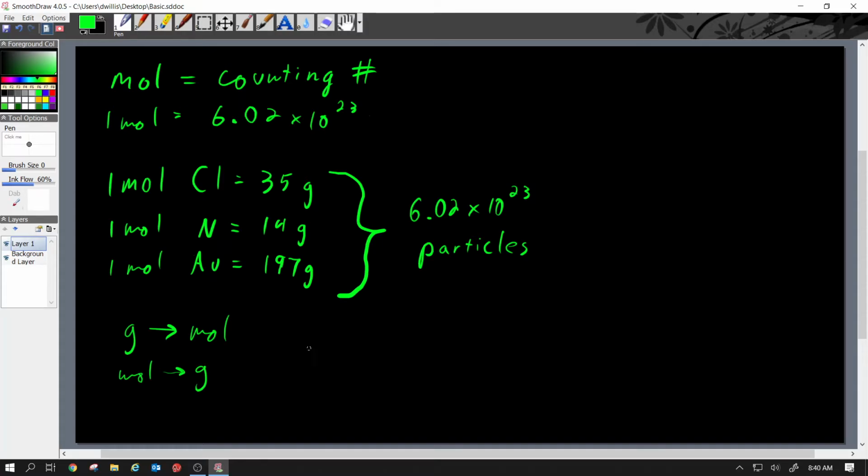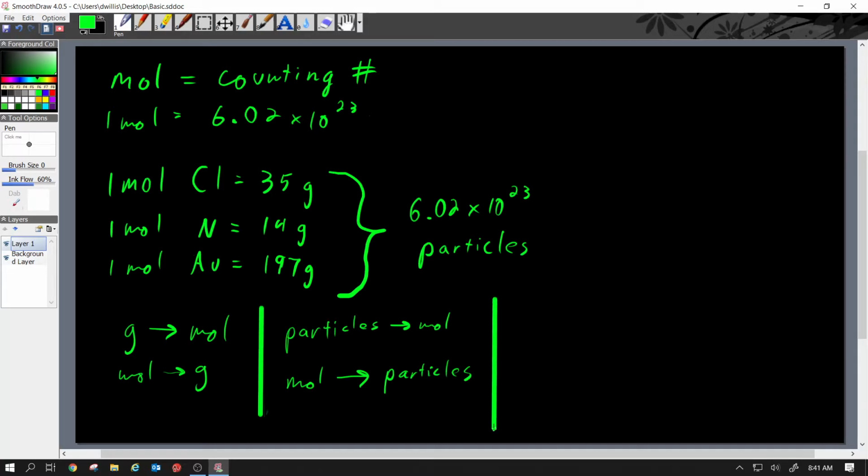And then we also looked at, hey, if you have this many particles, you can tell me how many moles. And if you have this many moles, you can tell me how many particles. Right? And so we did that also.